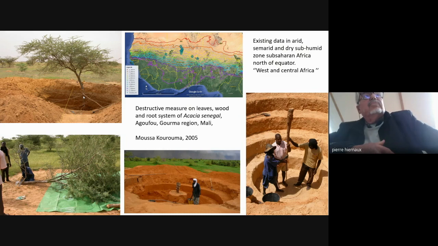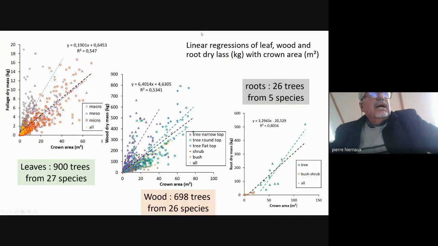So we ended up with our own data that we collected for the International Livestock Research Institute in Mali and Niger. They were interested essentially in the leaf mass, but we also measured the wood mass and the root mass for a few species and a few individuals.